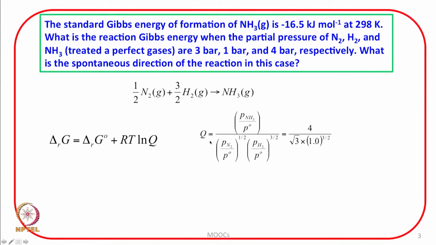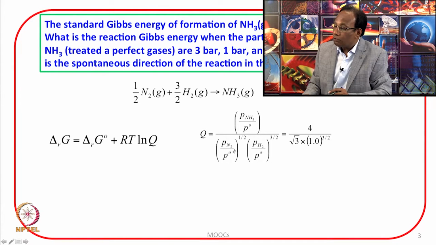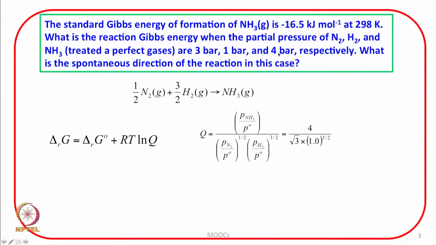We defined Q as P by P naught of ammonia divided by P by P naught of nitrogen raised to the power 1/2 into P by P naught of hydrogen raised to power 3/2. You substitute the numbers, the given partial pressures are, for ammonia it is 4, for nitrogen it is 3, and for hydrogen it is 1.